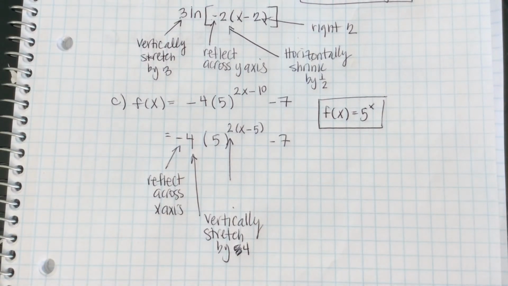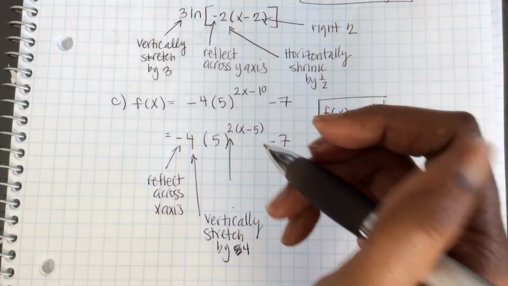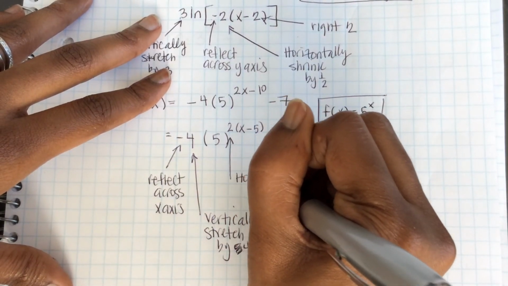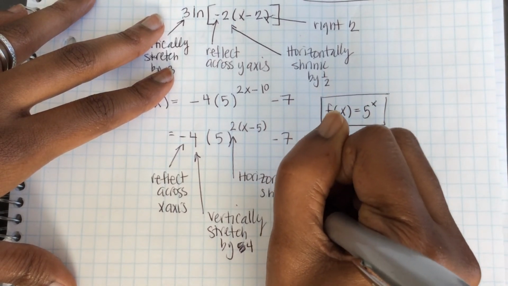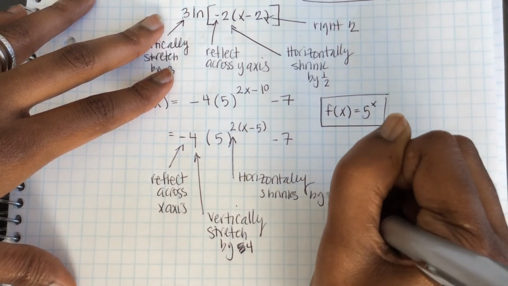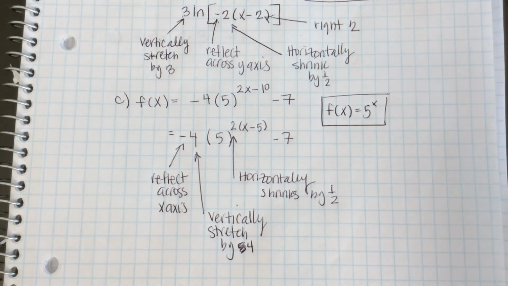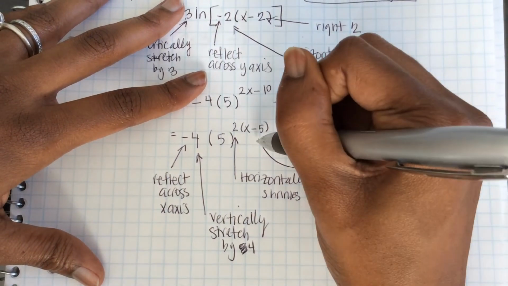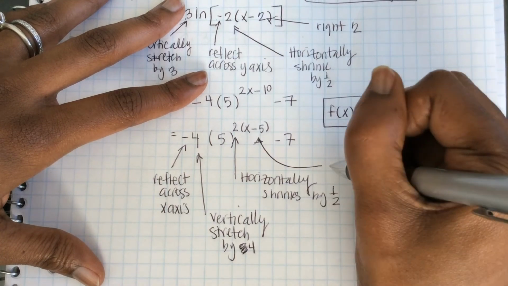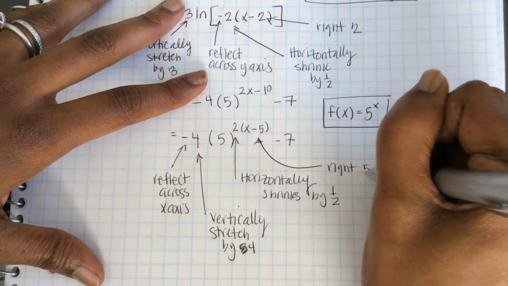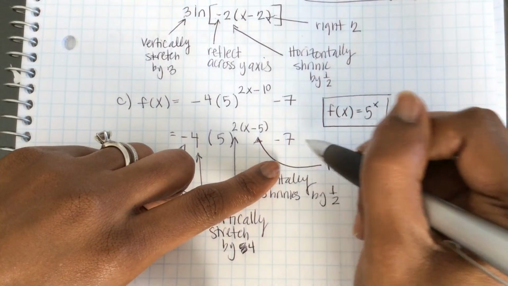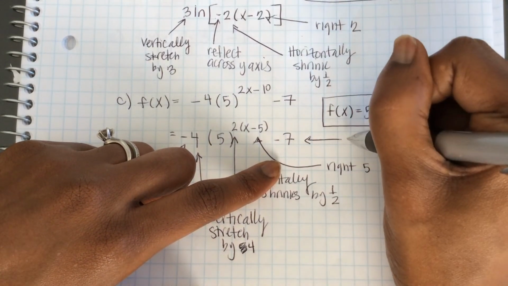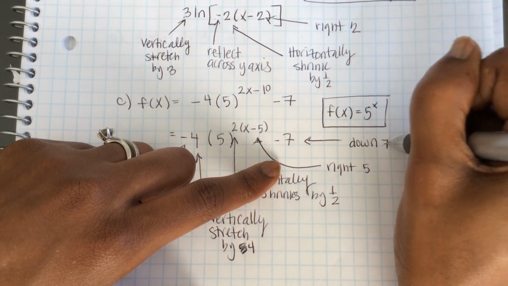That 2 in front of my x, remember we look at the reciprocal, it horizontally shrinks by the reciprocal, which is 1/2. That subtracting 5 moves it to the right 5. And then here, subtracting 7 shifts it down 7.